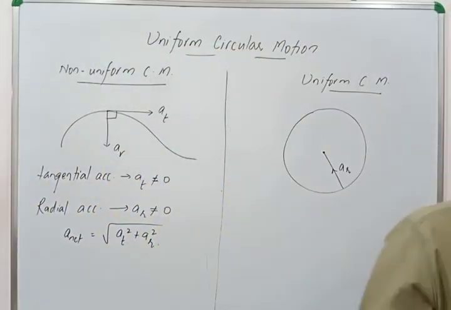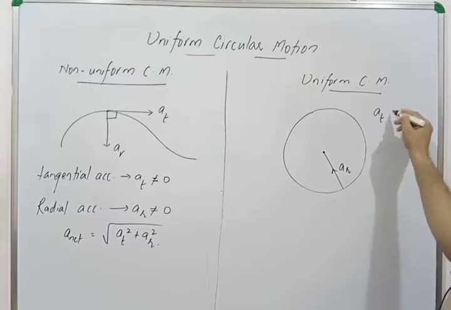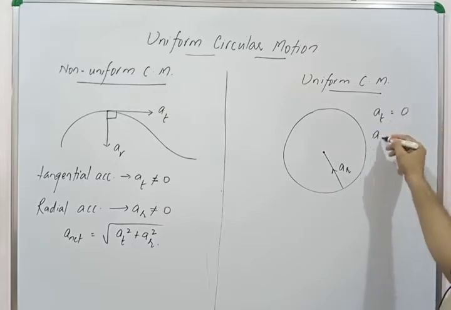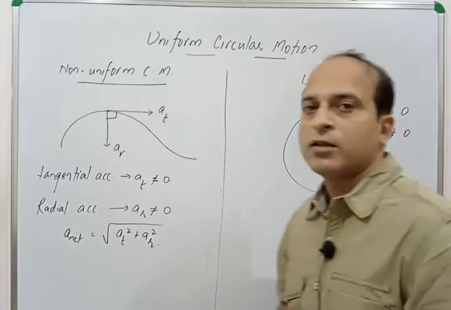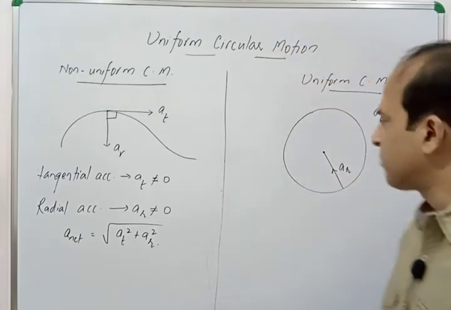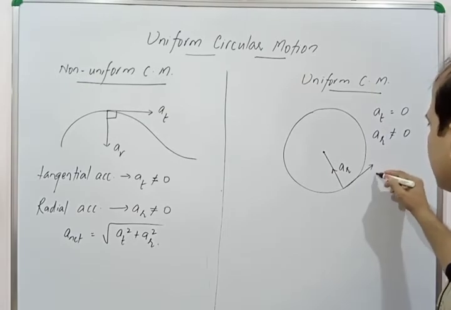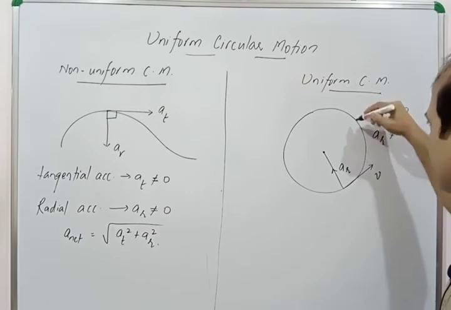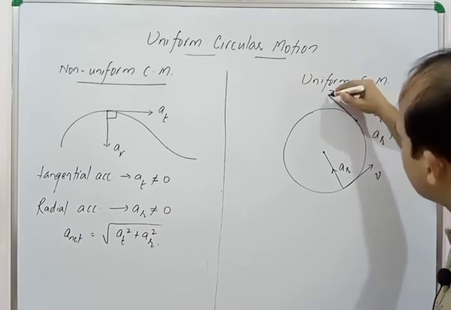When you talk about uniform circular motion, there is no tangential acceleration. AT is 0, but AR is non-zero, due to which the magnitude of speed at all the points will remain constant, V. Direction keeps on changing as shown by the arrows.